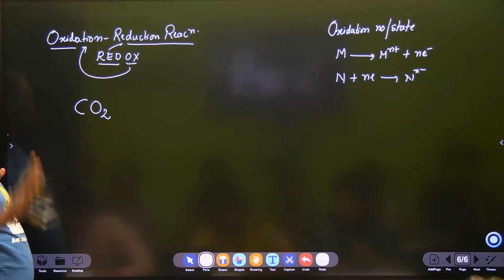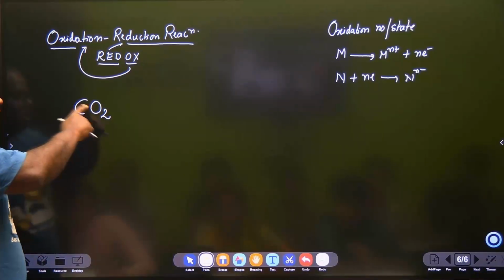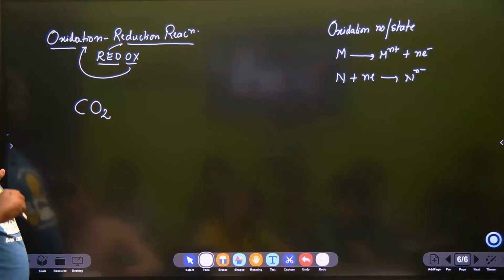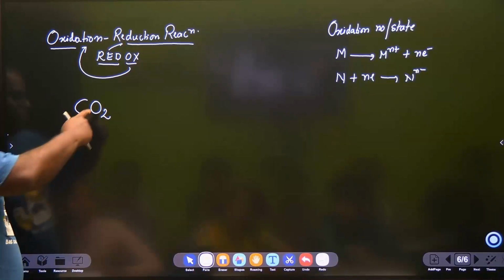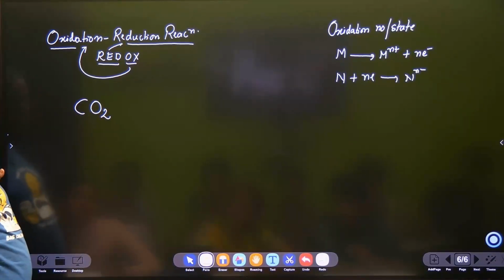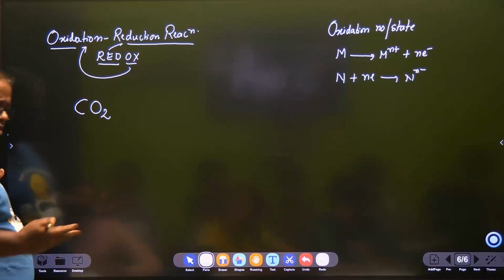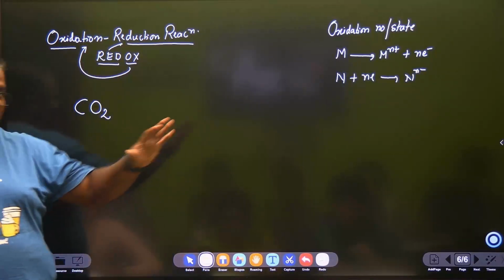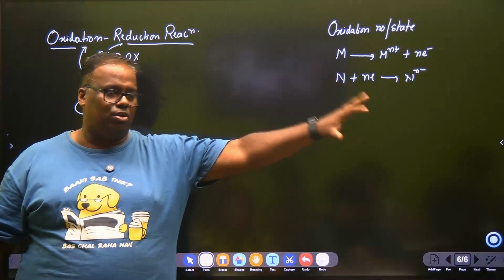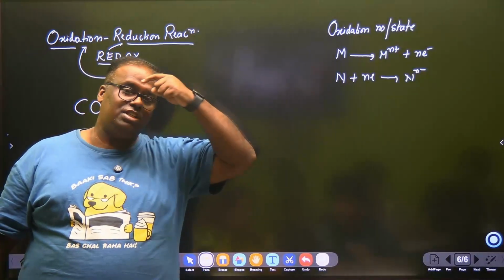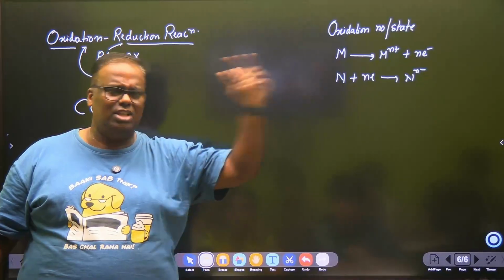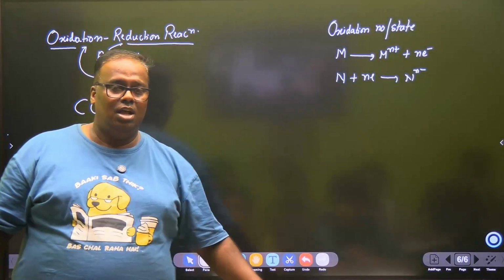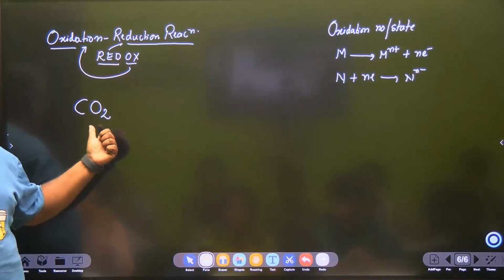Overall charge is neutral. But participating elements actually are not neutral. Who is participating? Oxygen is participating. Oxygen is a non-metal. Oxygen has 6 electrons in its outermost shell. Oxygen will always have a tendency to rob 2 electrons, so oxygen will always take 2 minus on its head. How many oxygens out here? 2 oxygens.